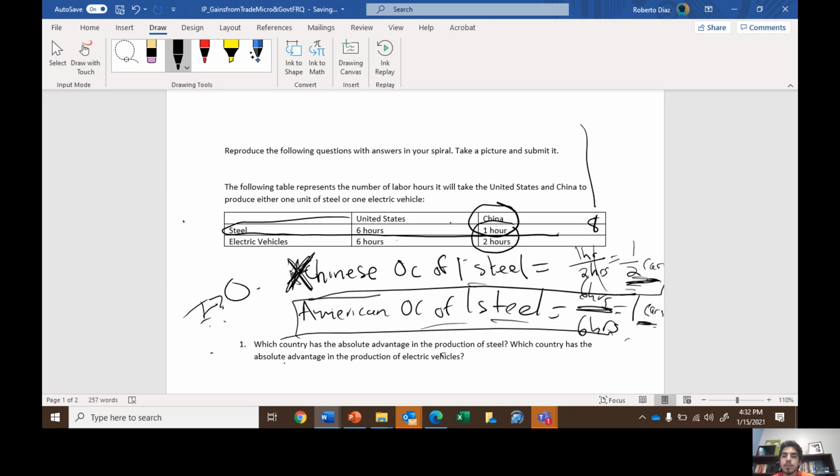We can draw actually the production possibilities frontiers, and we can show that when China and the United States produce what they're good at, we end up with a greater abundance, or greater production, of these types of goods and services. And also we end up in a scenario in which China is able to, how can I put this?